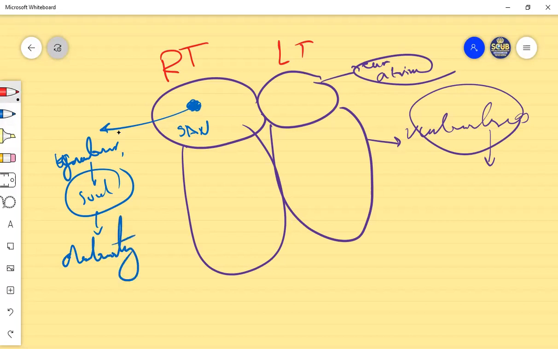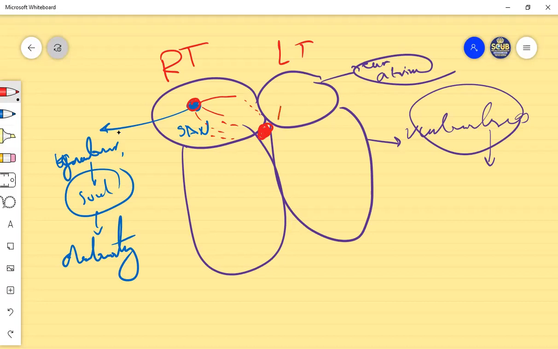This is the generator, like the generator which supplies our homes with electricity. So this is the generator of the heart. It receives electricity from nowhere. They don't know from where it generates this electricity. So this electricity will start to spread like that and go here.